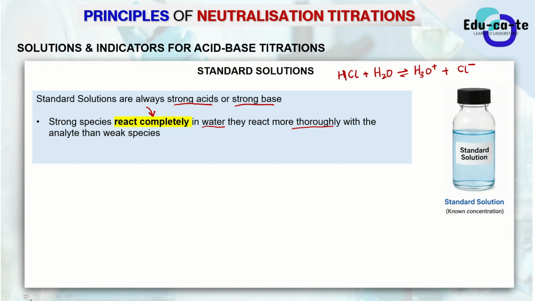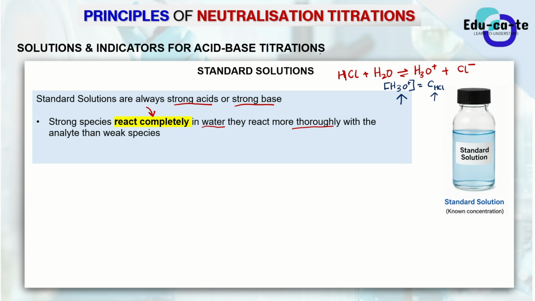Looking at the hydronium ions here, since the HCl ionizes completely, the concentration of the H3O+ ions is definitely going to be the same as the concentration of the HCl. So the equilibrium concentration of the H3O+ ions is the same as the concentration of the HCl. Why is this possible?